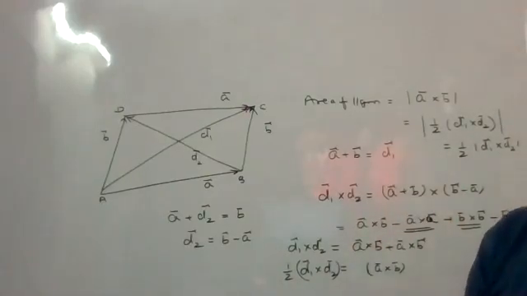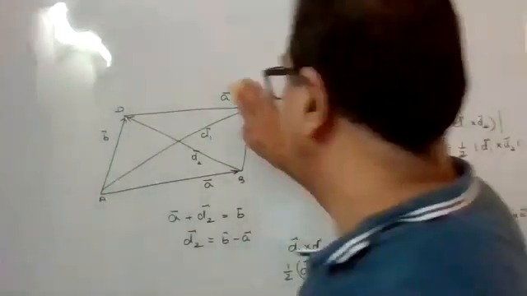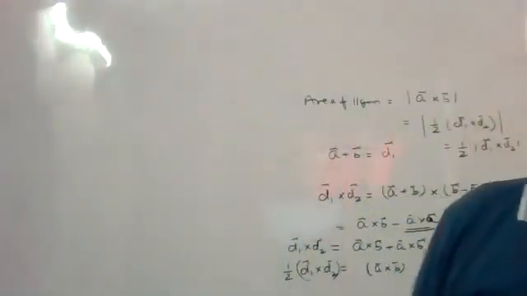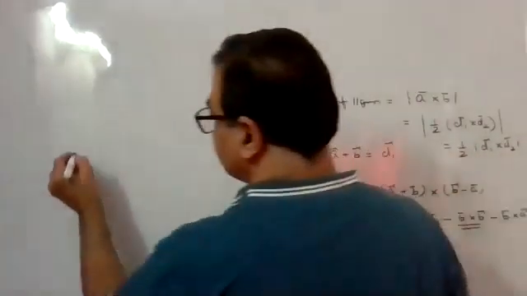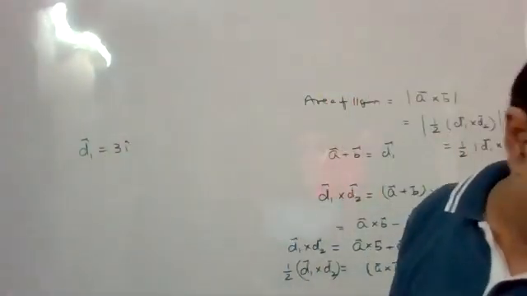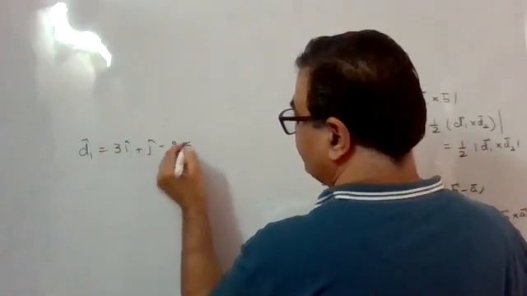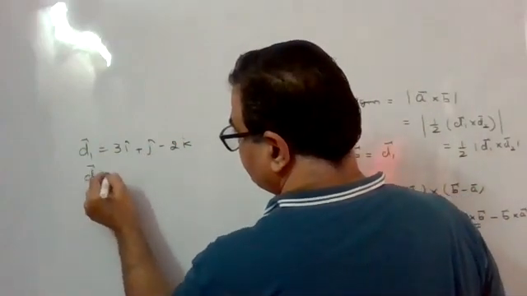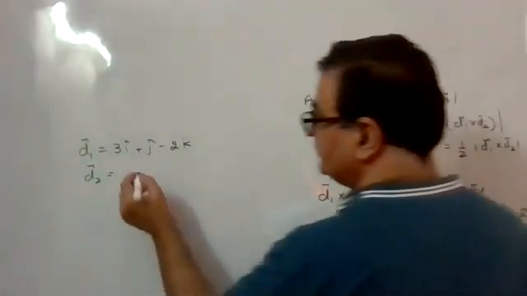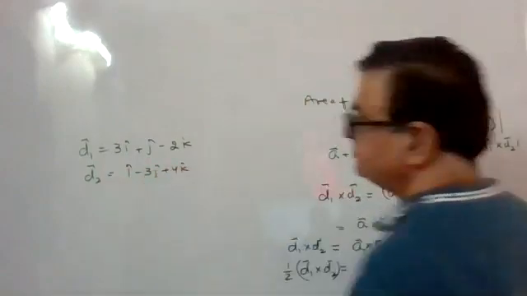So write down the question please. Find the area of the parallelogram having diagonals 3i plus j minus 2k, and the second diagonal is i minus 3j plus 4k.